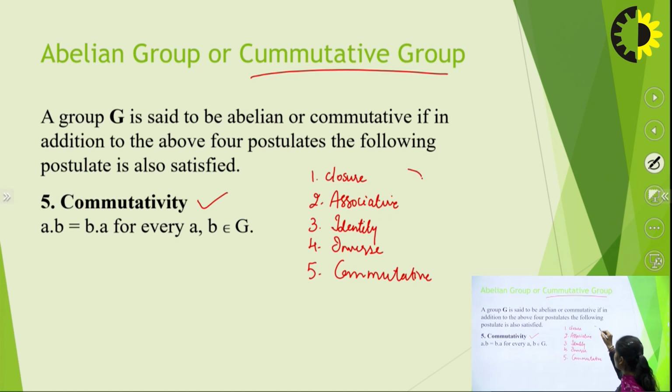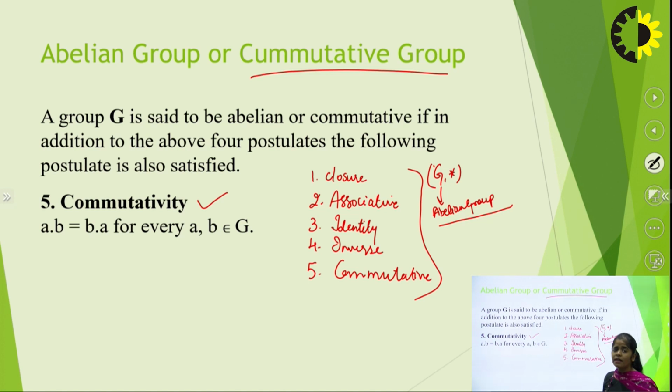So if all the 5 properties are proved for any set with respect to its operator, then we can say that the algebraic system will become an abelian group.